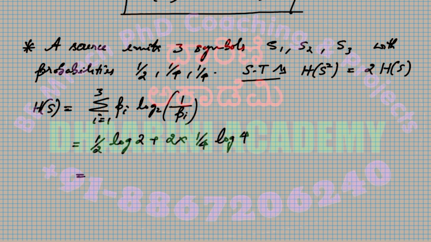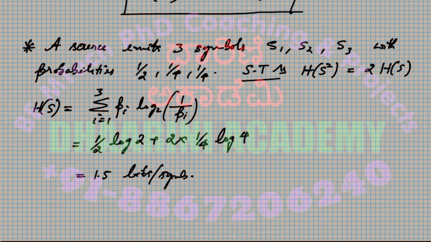So this is equal to 1.5 bits per symbol. Right, that is H of S.